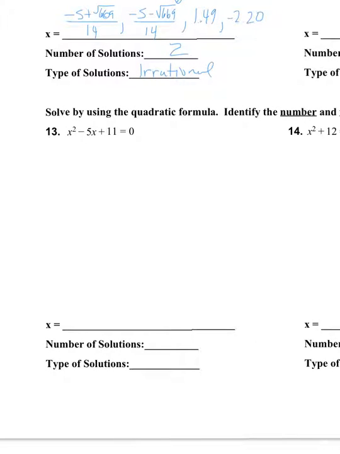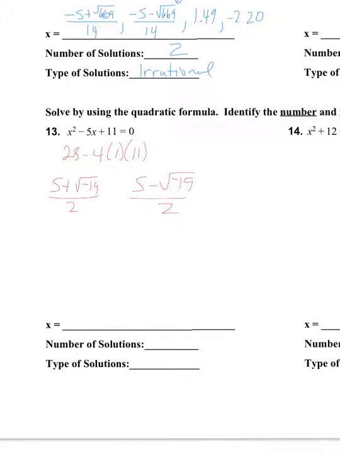Okay? All right. Discriminant here, 25 minus 4 times 1 times 11. Let's check it out in the calculator. That's going to be negative 19. And so I'm going to get 5 plus the square root of negative 19 over 2, and 5 minus the square root of negative 19 over 2.